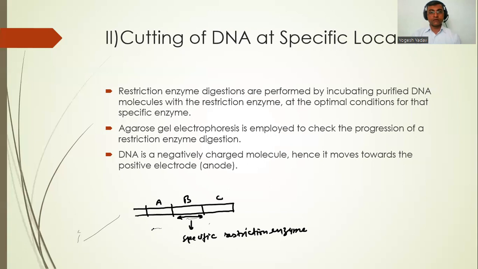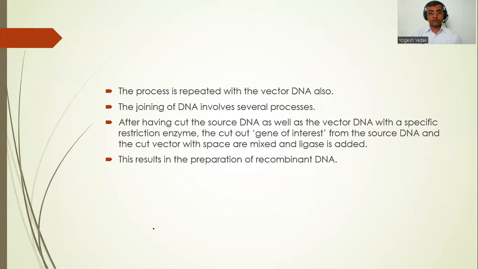Now, the separation of the vector DNA is also done. After we have received both types of DNA fragments, the DNA segment which is required, in which we have a specific gene, is to be attached to the vector DNA.